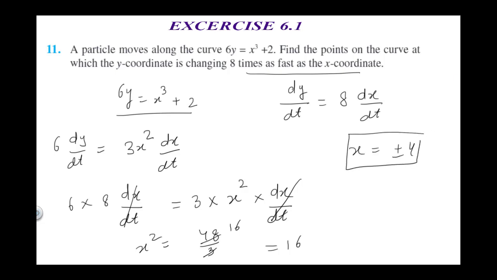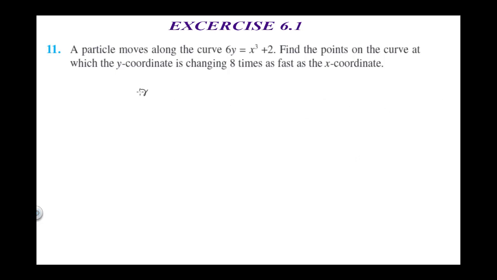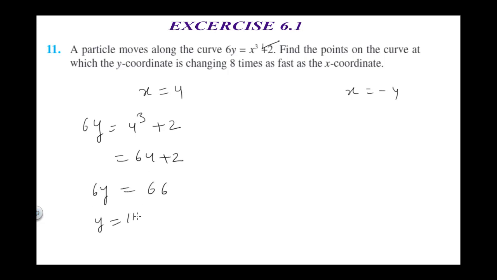Now let us take another sheet. We are getting x as 4 and x as minus 4. Putting these values in the equation of curve because we want the points on curve. We will get 6y equals 4 cube plus 2, which is 64 plus 2, which comes out as 66. So y will be equal to 11.